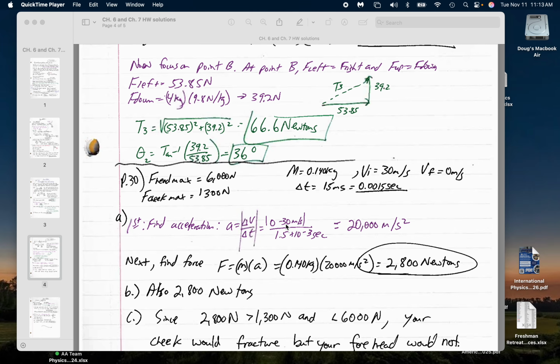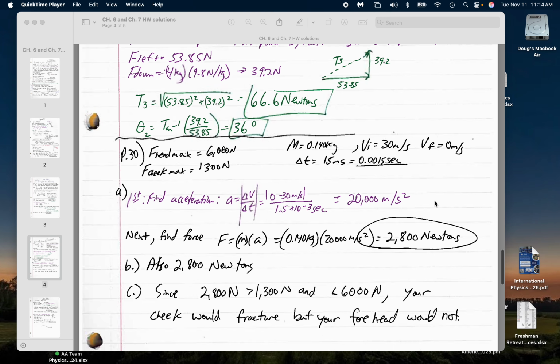And so first, find the acceleration of the ball. Change in velocity over change in time, so that's a magnitude of 20,000 meters per second squared. So to find the force, if I've got a mass of 0.14 and the acceleration I found earlier, that's 2,800 newtons of force of the ball on the face or face on the ball.